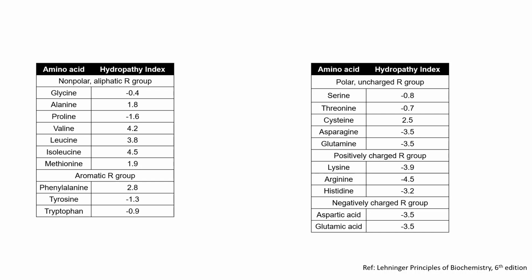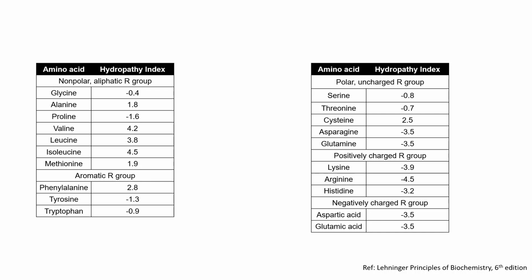Glycine, being a very small molecule, cannot determine the hydrophobicity of a molecule, whereas proline, even after being a non-polar amino acid, the amino group is not freely available, and thus sometimes it leads to a negative hydropathy index.